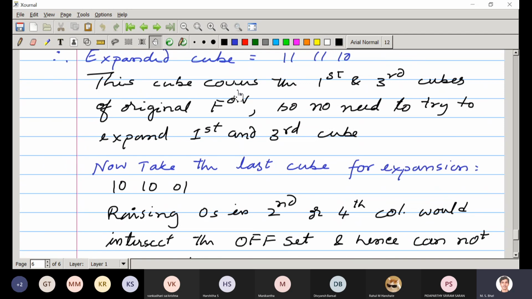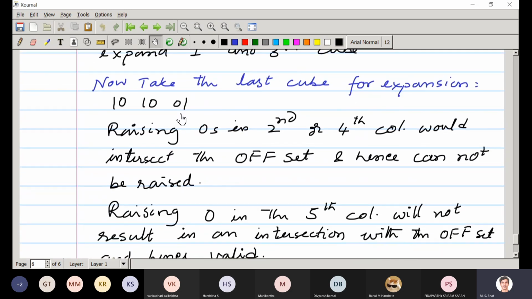So this expanded cube covers the first and third cubes of original F1. So no need to try to expand first and third cube. Now take the last cube for expansion, that is A bar, B bar, C. Raising zeros in second or fourth column would intersect with the offset and hence cannot be raised.